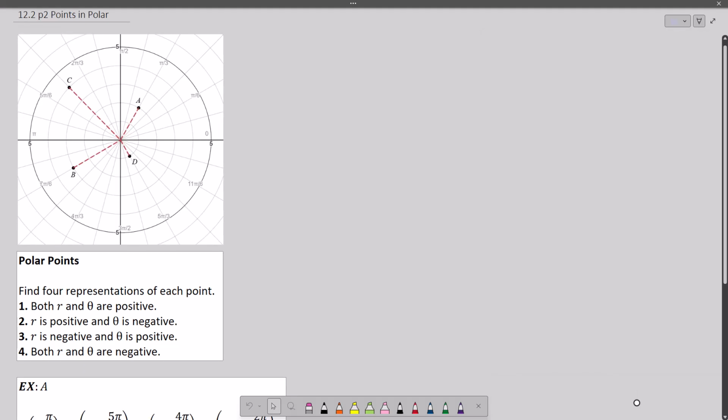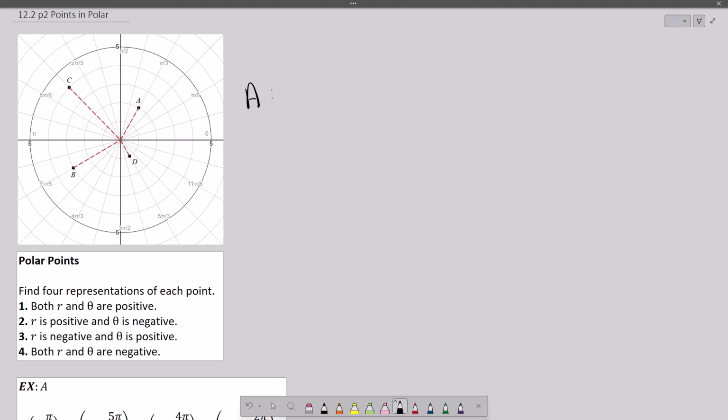Let's start with point A. The standard representation is r comma theta. The standard representation for this point A would be to write it as r comma theta. If we look at this polar graph paper, can you see that we're on the radius 2 circle?